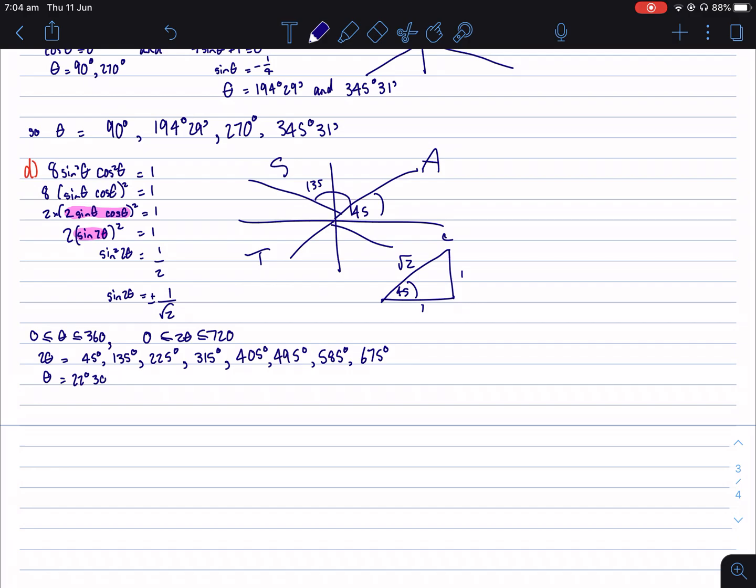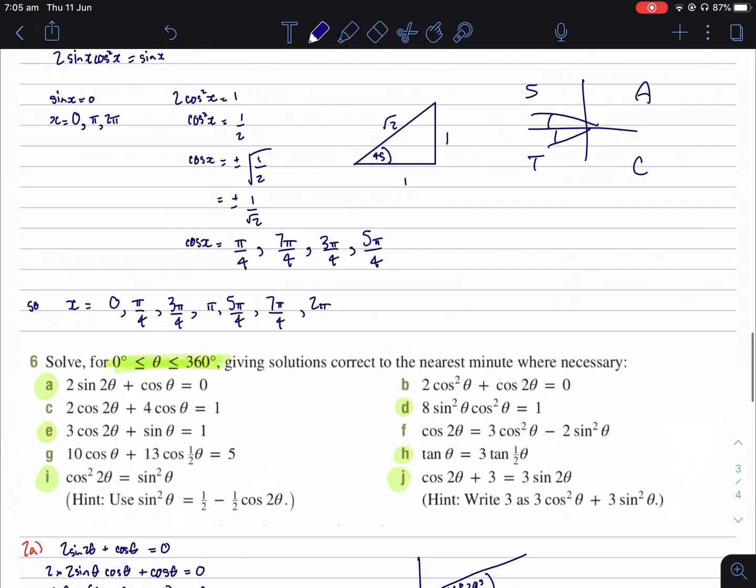So 22 degrees 30 minutes, 67 degrees 30 minutes, 112 degrees 30 minutes, 157 degrees 30 minutes, and we're going to keep going. 202 degrees 30 minutes, 247 degrees 30 minutes, 292 degrees 30 minutes, and finally, 337 degrees 30 minutes. Ugh, that was a long question.